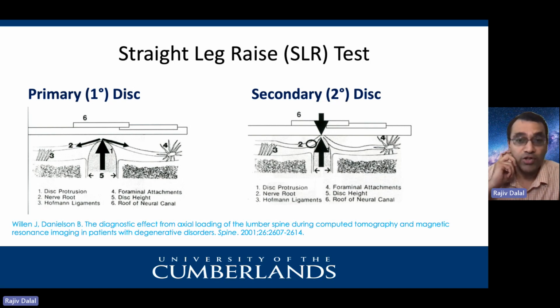So imagine the nerve root is doing the same thing, but now when you plantar flex the foot, you allow that frayed portion of the nerve root to move away from the disc that's pinning it down. And so that potentially now is going to alleviate or relieve some of their symptoms. So those are some clues that you can look for on the straight leg raise test to help you, again, differentially diagnose if the patient has a potential primary or secondary disc issue.